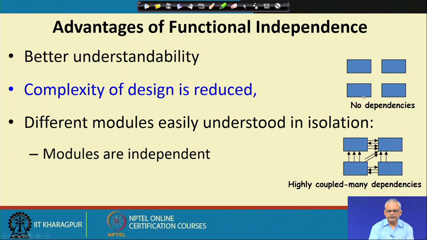If we have a functionally independent set of modules, the complexity in the design is reduced, and we can take up one module at a time and quickly understand it. Similarly, if there is a bug, we know which module contains the bug, otherwise we might have to see whether it has come from some module which it has called.